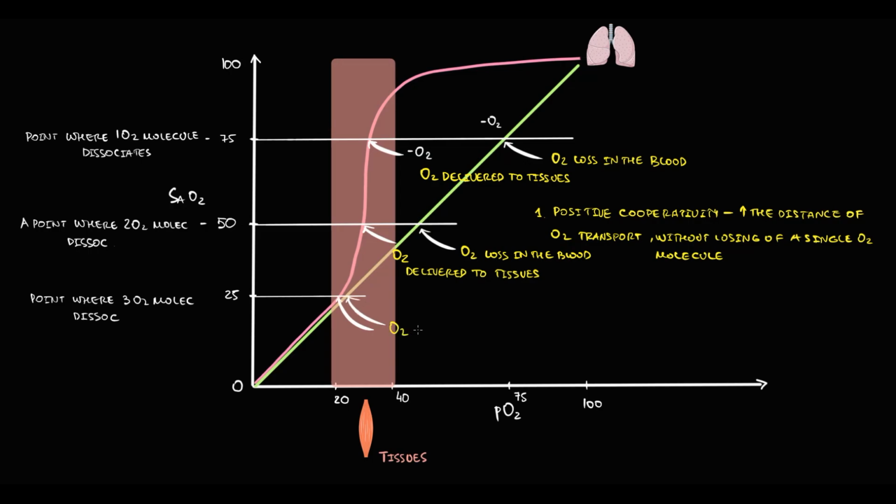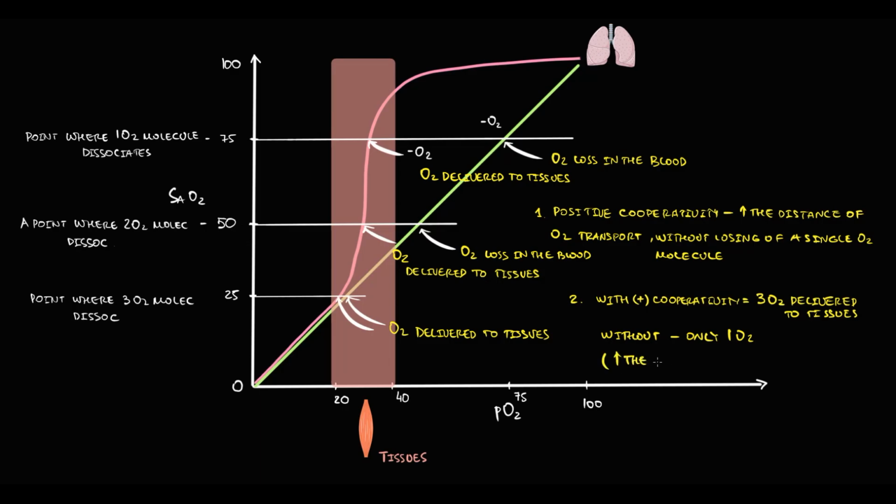But even in this case, positive cooperativity will let hemoglobin deliver the third oxygen molecule to the tissues. So, with positive cooperativity, we deliver 3 oxygen molecules to the tissues, and without it only 1 oxygen molecule. So, it greatly increases the effectiveness of oxygen transportation.